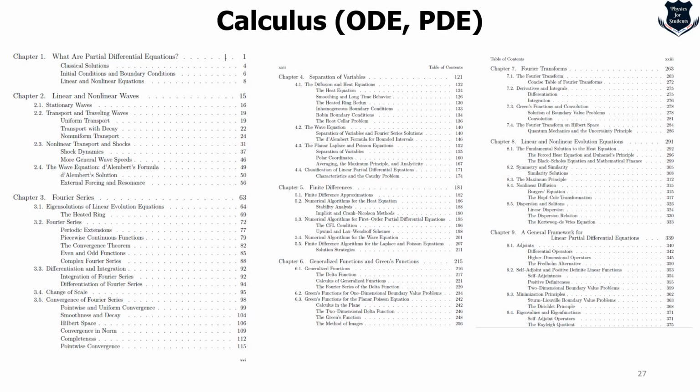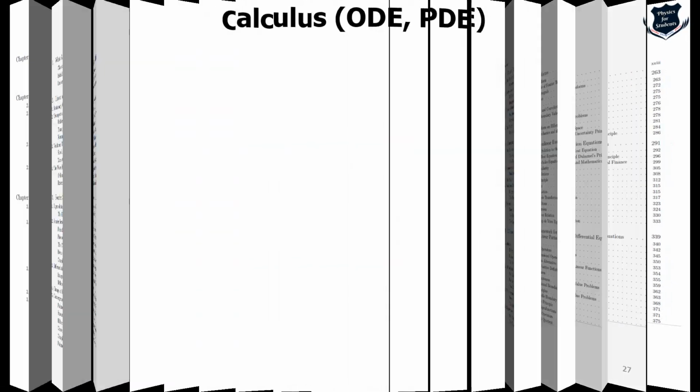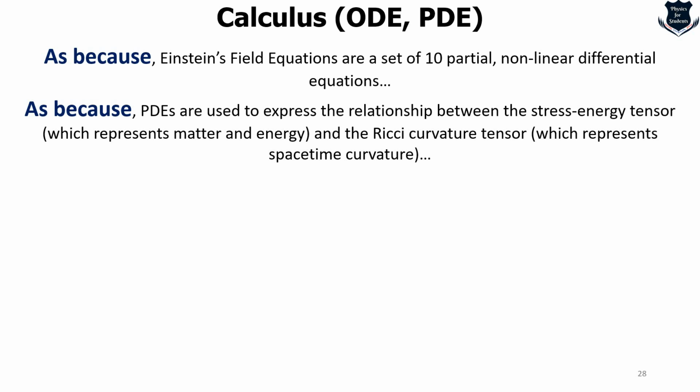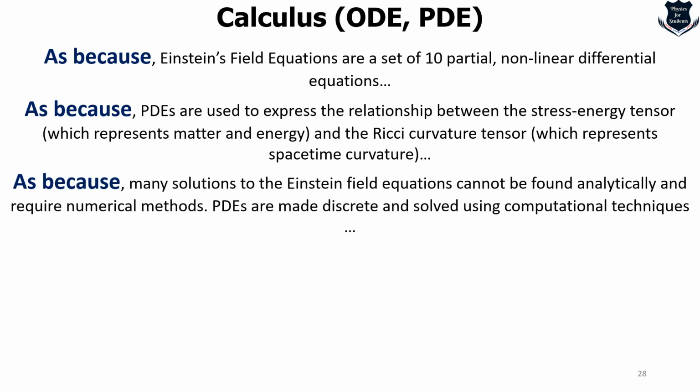The question still comes: can you summarize what is the real reason for understanding ODEs and PDEs for knowing, I would say, the Einstein field equation? Understand that the Einstein field equations are a set of 10 partial non-linear differential equations, because PDEs are used to express the relationship between the stress energy tensor and Ricci curvature.